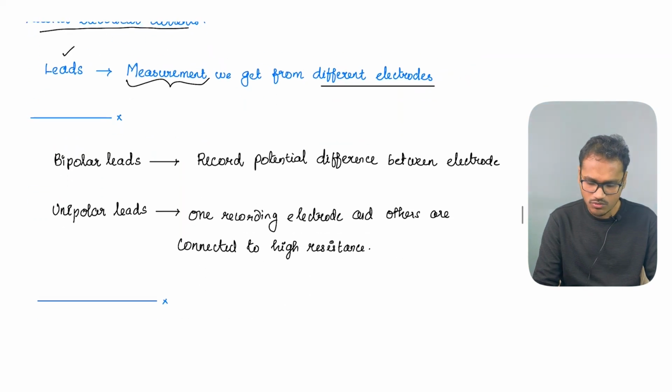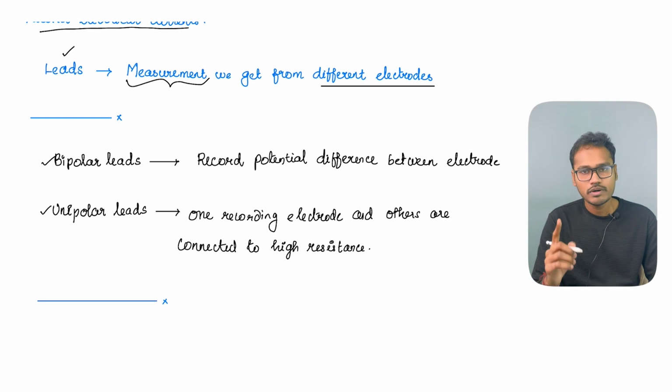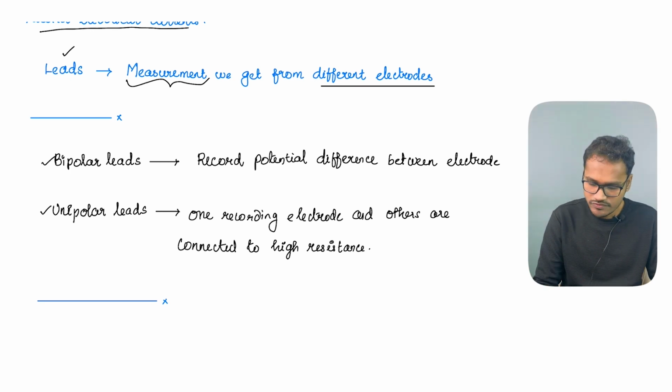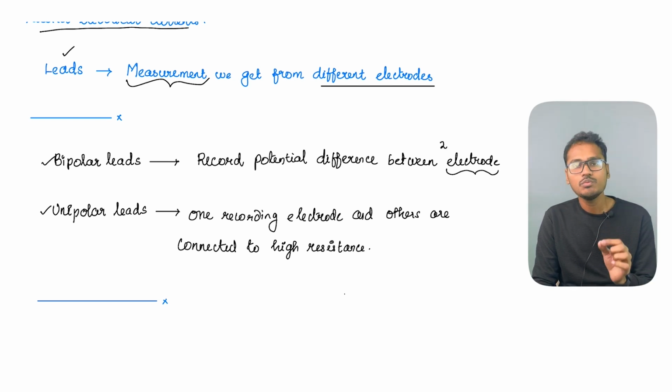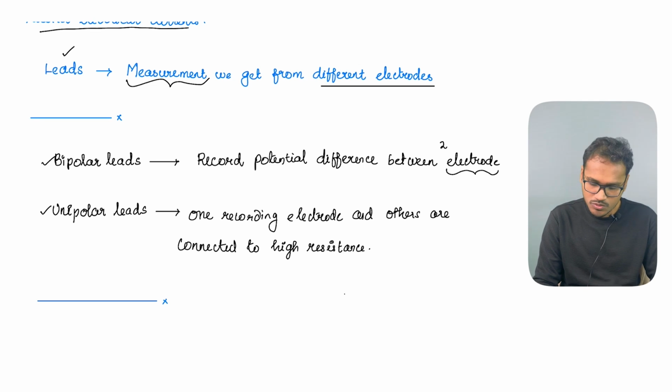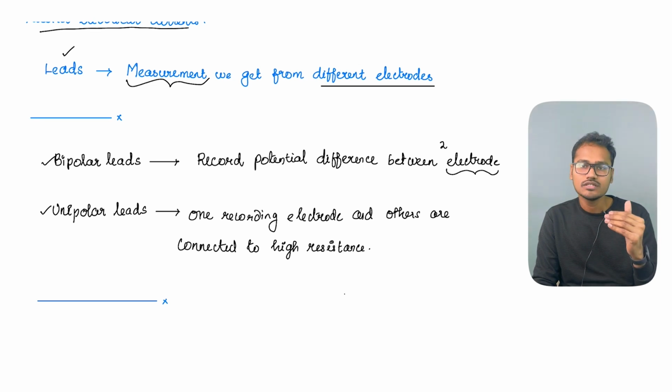Then we have to understand the concept of bipolar lead and unipolar lead. Bipolar leads record the potential difference between two electrodes. Whereas in a unipolar lead, it is not just one single electrode placed and recording.